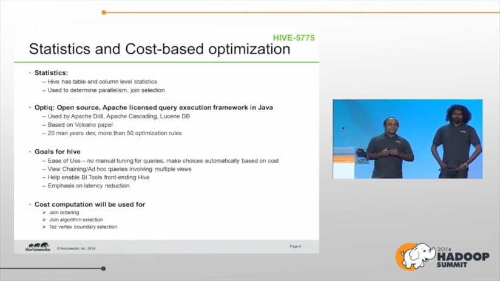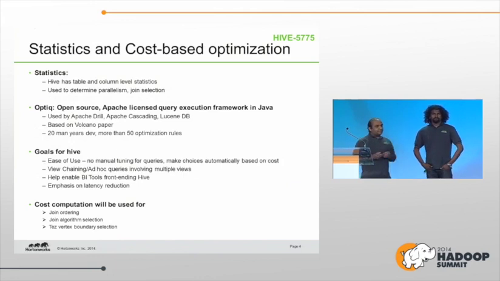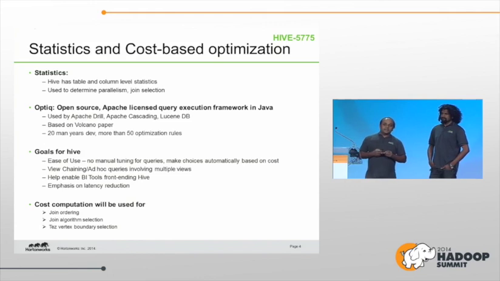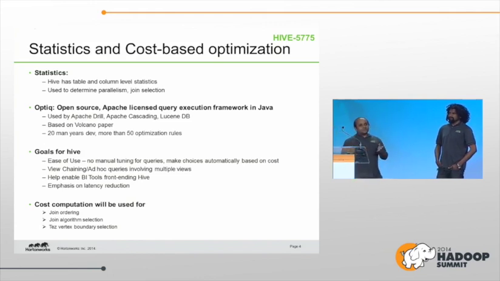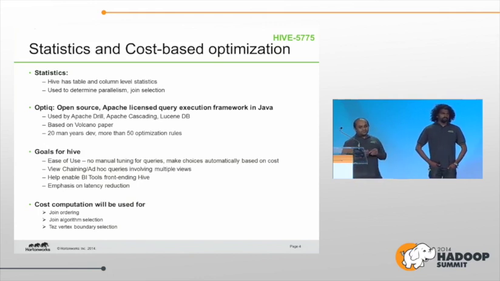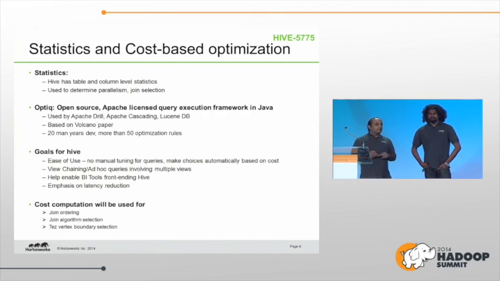So statistics are collected in Hive. We have table-level statistics. We have column-level statistics. And the cost-based optimizer is based on a framework called Optiq, which is an open-source system already being used in many other systems. It is based on the traditional Volcano paper, and there are a lot of developers working on it as well.